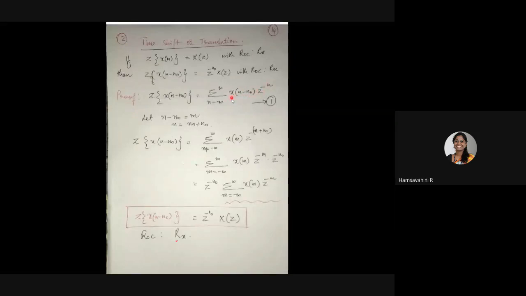Let us take this n minus n naught as m. So what is n? n is equal to m plus n naught. When n tends to minus infinity, m also tends to minus infinity. When n tends to plus infinity, m also tends to plus infinity. So now we will simplify.